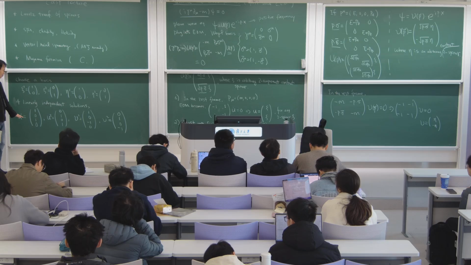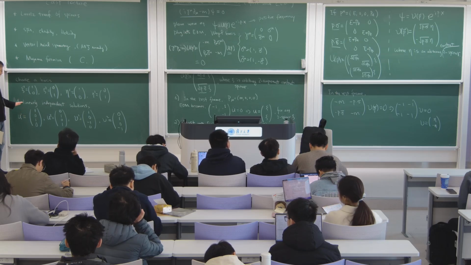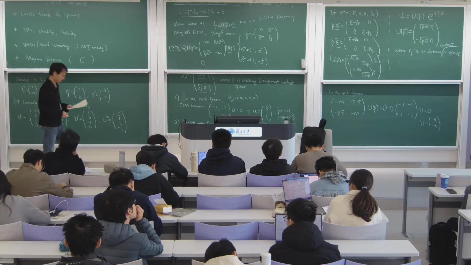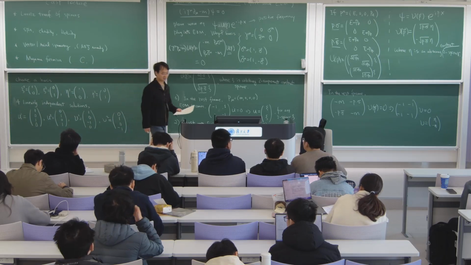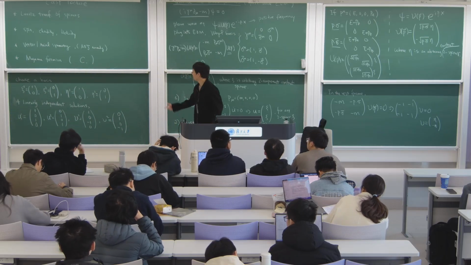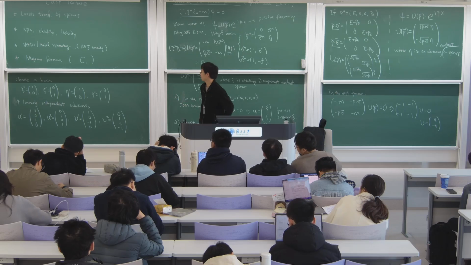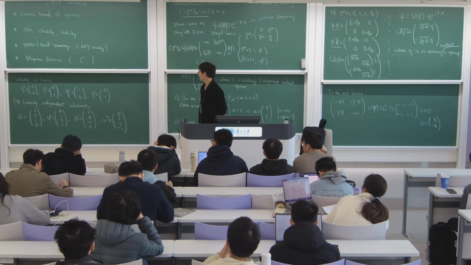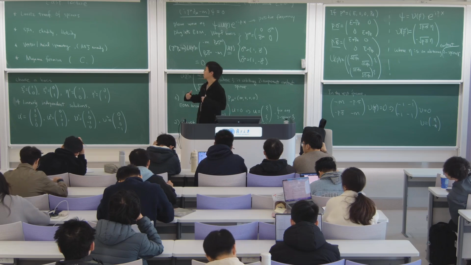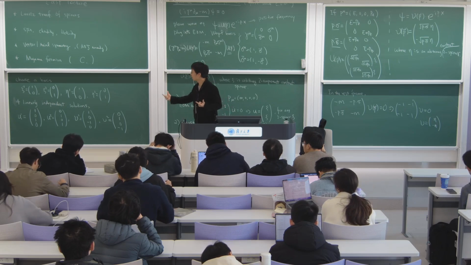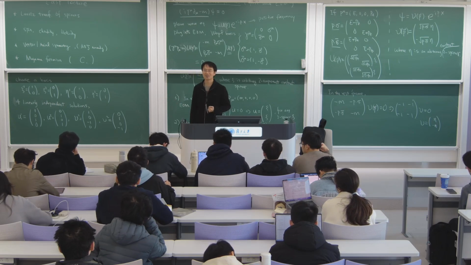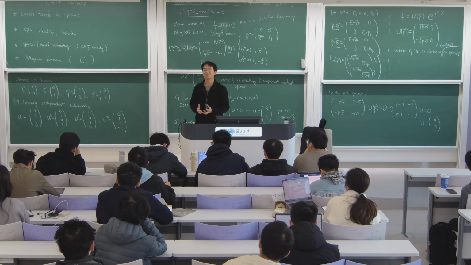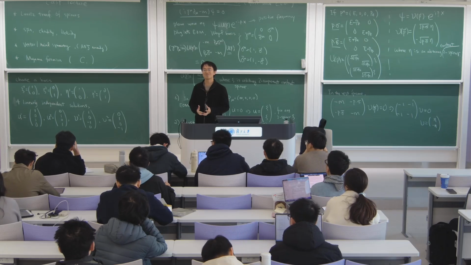But these are the four independent solutions of the equation, and the linear combination of them will also be good solutions, right? Now the question becomes how to understand these four independent solutions. What is the relation between them?